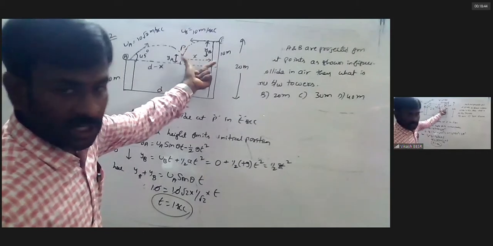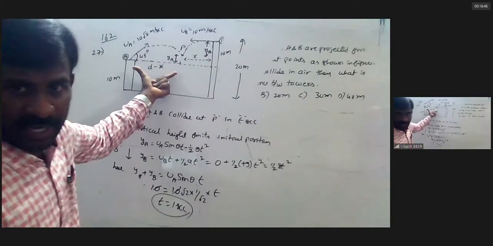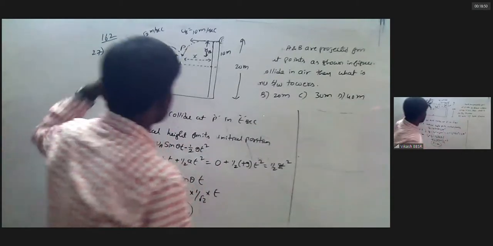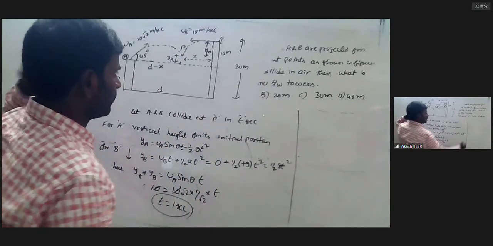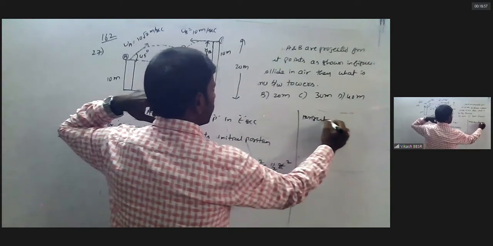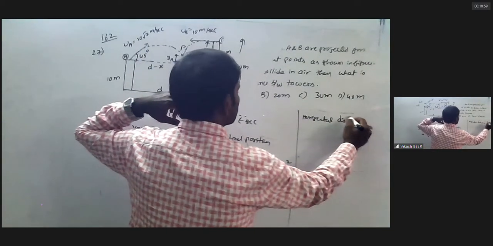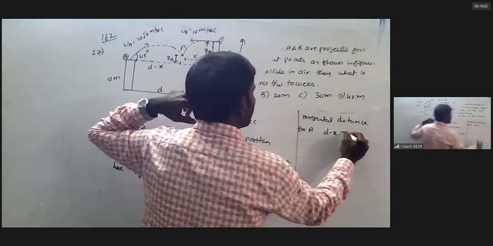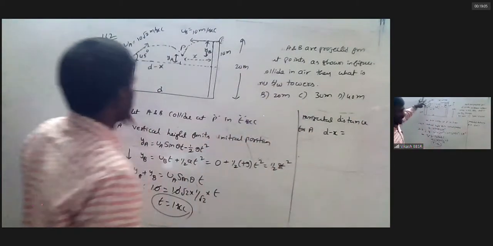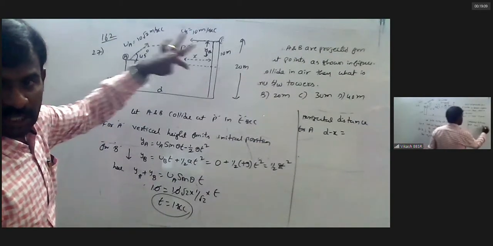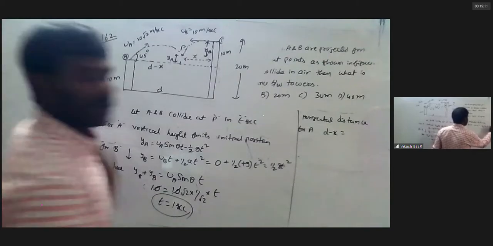Now if you are a little smart, tell me the formulas one by one. What is the horizontal distance for A? D minus X is equal to the horizontal component, very good, uA cos theta times t.